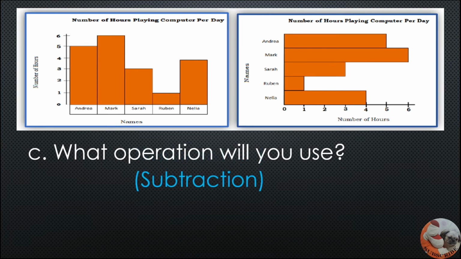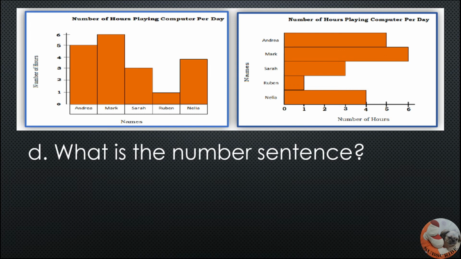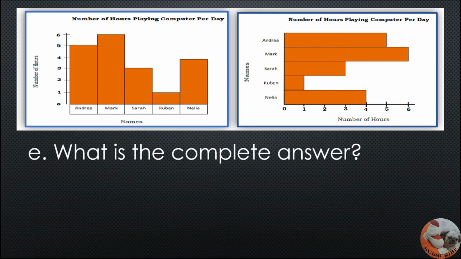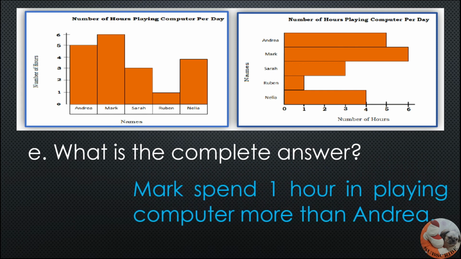You will use subtraction. What is the number sentence? 6 minus 5 is equal to n. What is the complete answer? Mark spent 1 hour in playing computer more than Andrea.